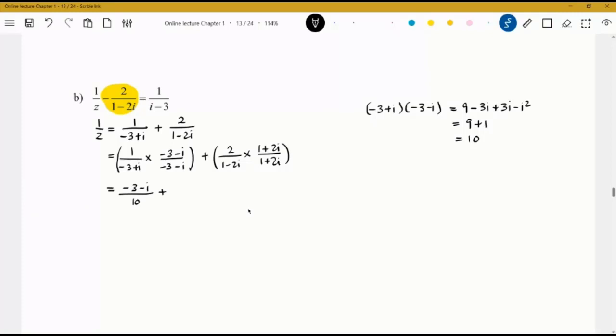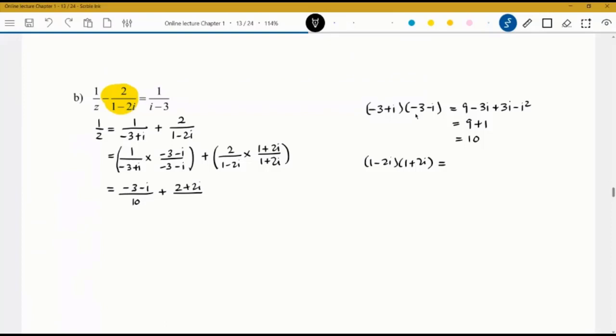On the second fraction is 2 plus 2I for the numerator. For the denominator will be 1 minus 2I times. Madam, the negative 3 multiplied by negative I, isn't it positive 3I? Negative 3 multiplied by negative I. Negative I will be positive I. Yes, correct.